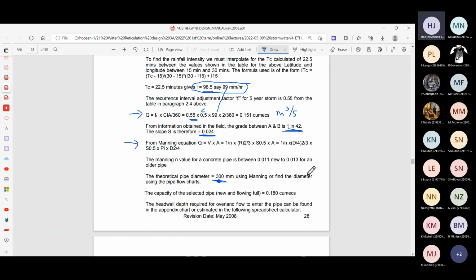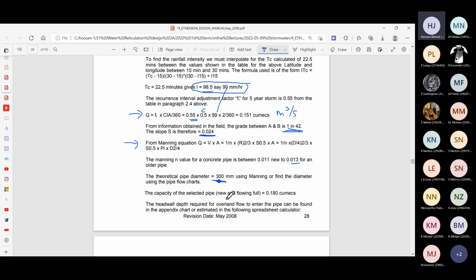The Manning coefficient you can see is 0.013 for an older pipe. When the concrete pipe is new, it's 0.011, but the pipe will age with time, so we'll use the value of 0.013 at that point over there. Right, so for that 300 millimeter diameter pipe, that's your trial size. You've got the slope and you've got the Manning coefficient.